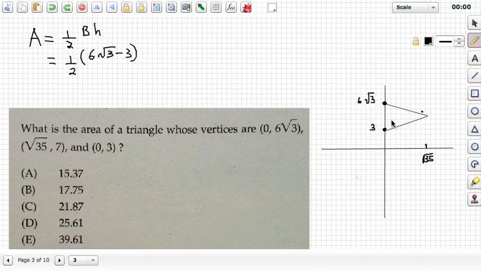And the height is √35. So plug this in your calculator and figure out the answer. So I get 21.87 as my answer, and the correct answer is C right here.